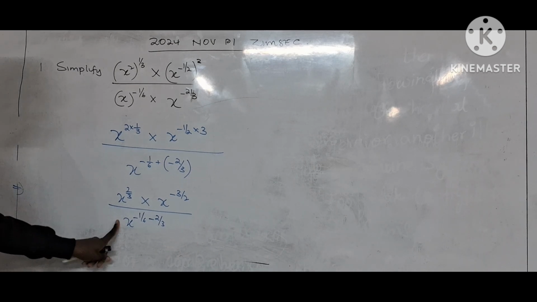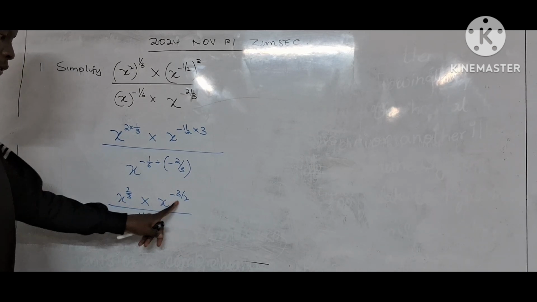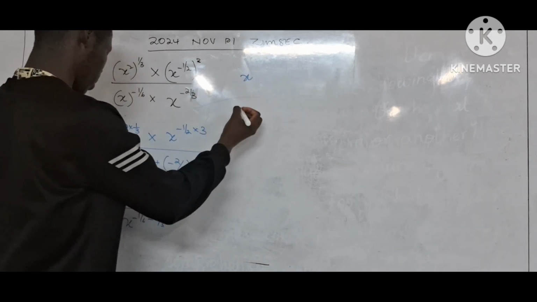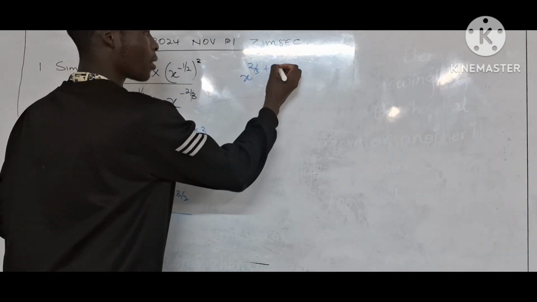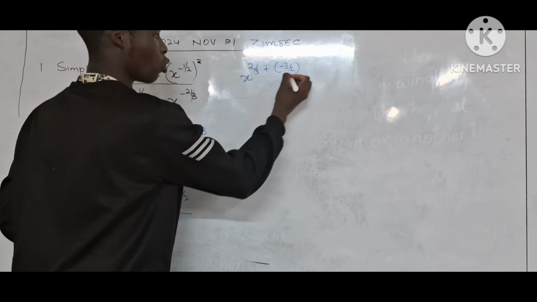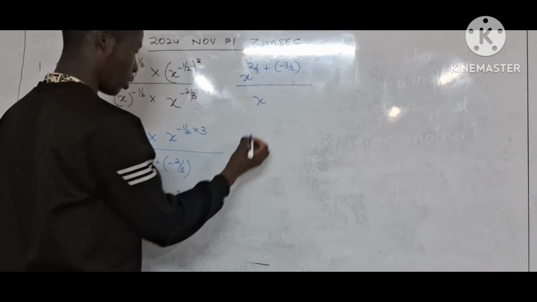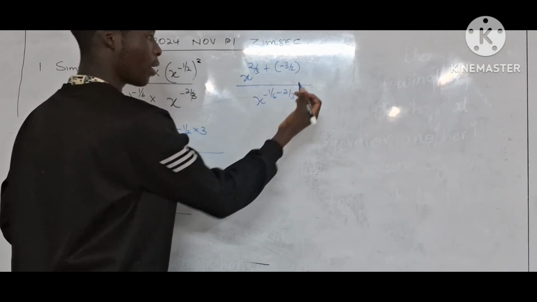From this step, when multiplying numbers of the same base, you add the powers. So this is x to the power 2 by 3 plus negative 3 by 2, everything divided by x to the power negative 1 by 6 minus 2 by 3.